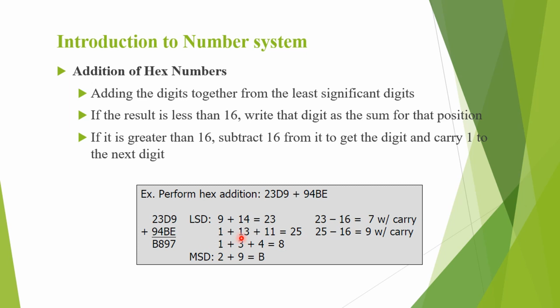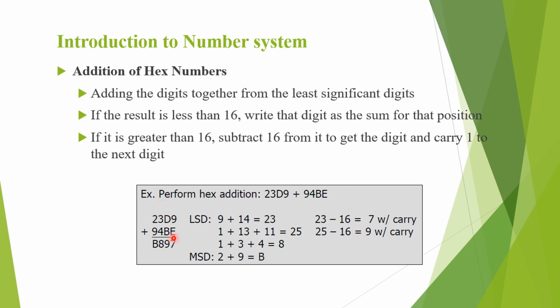So 1 plus 13 plus 11 gives 25. Again the result is greater than 16, so you subtract 16 from that result. 25 minus 16, you get 9. So write down that 9 in the sum position, and again a carry is generated which is carried forward to the next position.